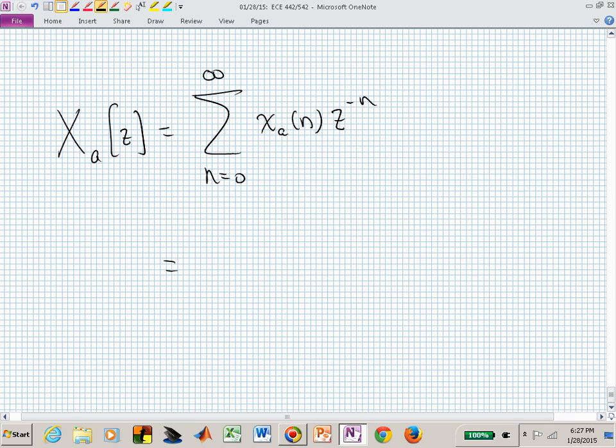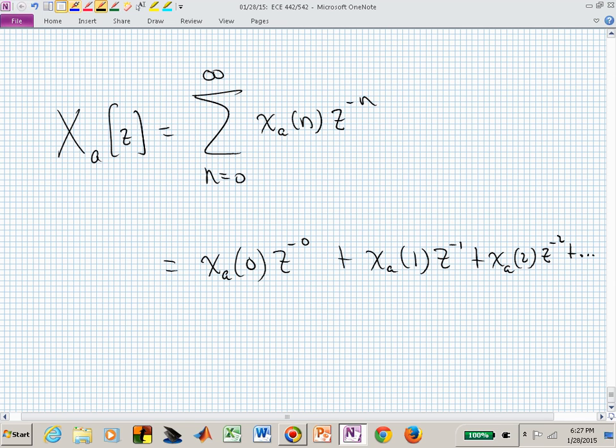If we simply put on our blinders and just start going, we have x sub A of 0 times z to the minus 0 plus x sub A at time 1, z to the minus 1, plus x sub A at time 2, z to the minus 2, just keep going.